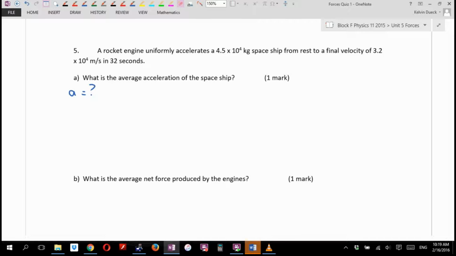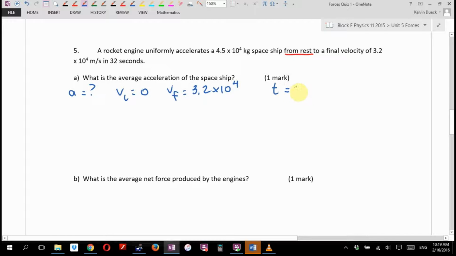How else can I find acceleration? Oh, lots of ways. I see from rest, VI is 0. VF is 3.2 times 10 to the 4th. T equals 32.